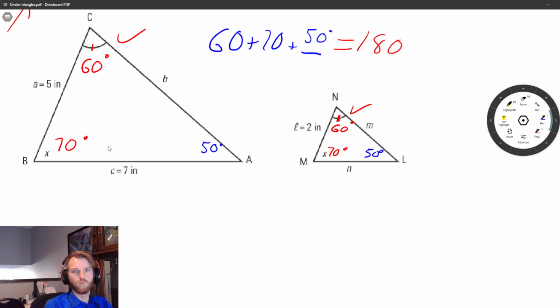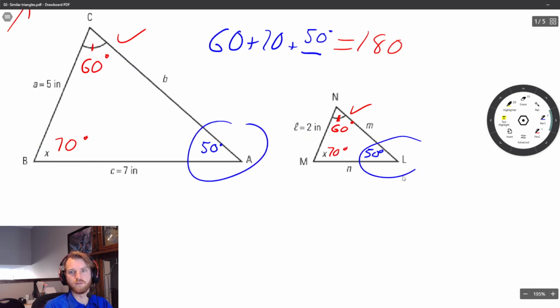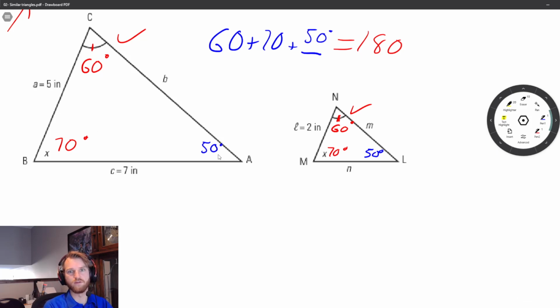So why I made up some numbers here was that it doesn't matter what the numbers are here. If these two are the same, then that third angle is going to be the same, because if these are the same, we know that this one has to add up to 180, and this one also has to add up to 180. So no matter what these two are, that third angle is going to be a match.